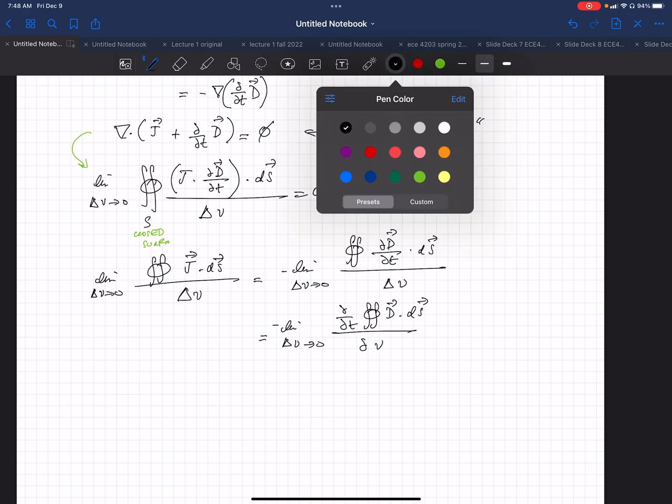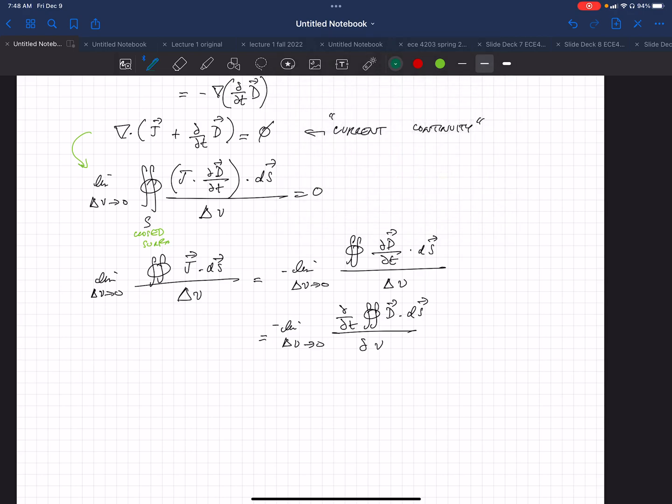And then people defined this thing as a parameter. I believe it's pronounced psi, another Greek letter, and it's defined as the electric flux density.